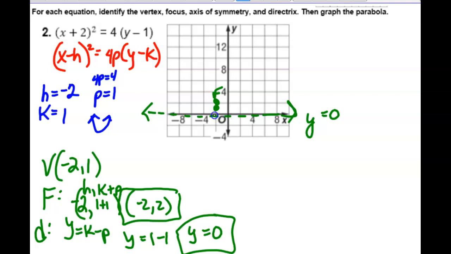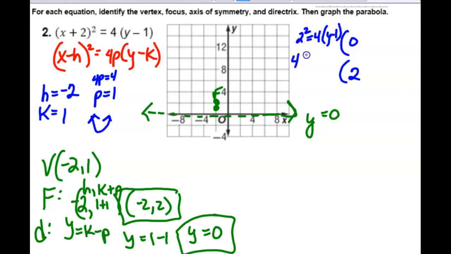0 is actually 2 units away, right? We could pick 0. We could also pick 2, somebody said. All right, if I put a 0 in for x, I will have 2 squared equals 4 times y minus 1. 2 squared is 4.